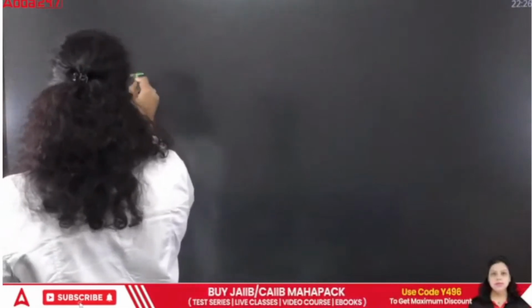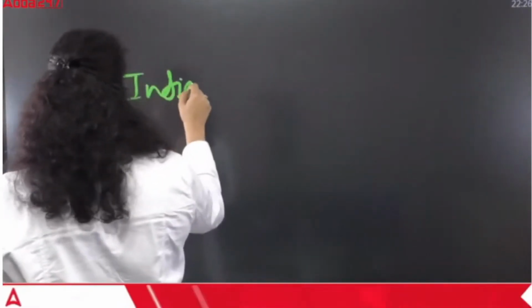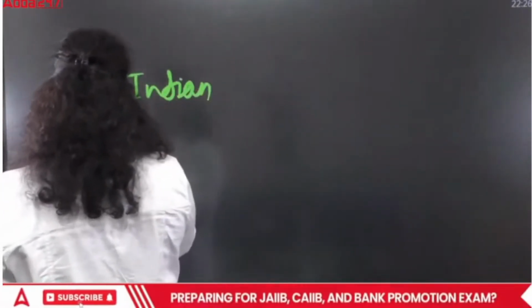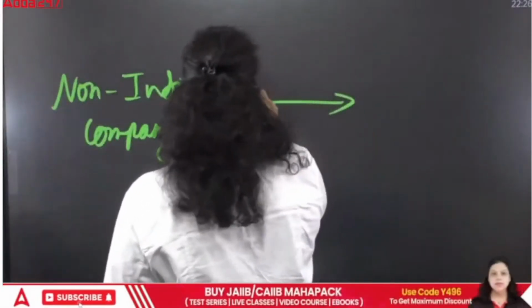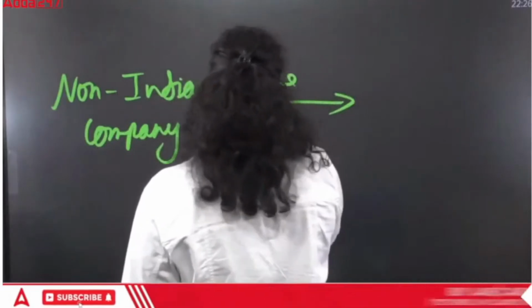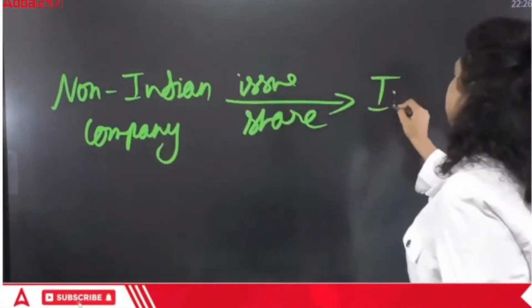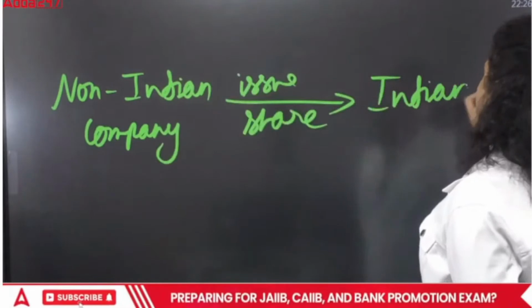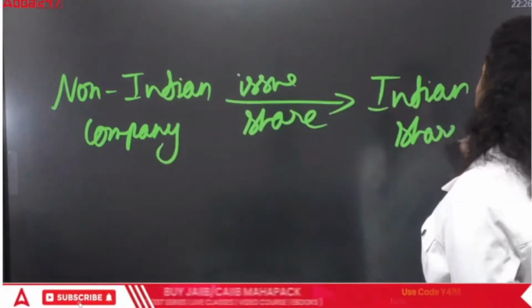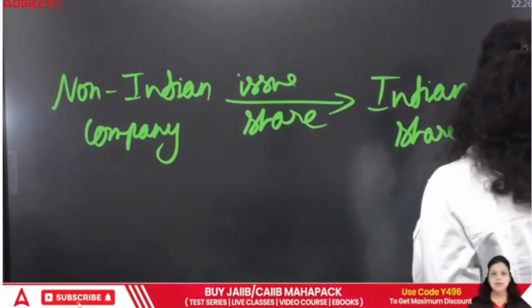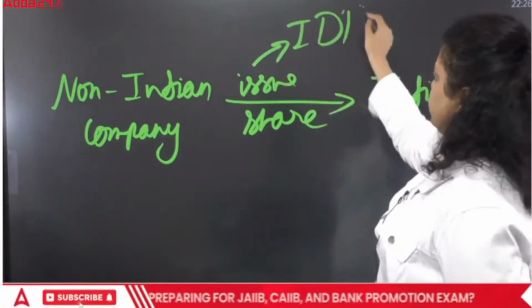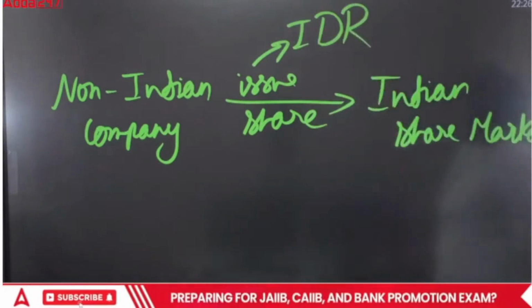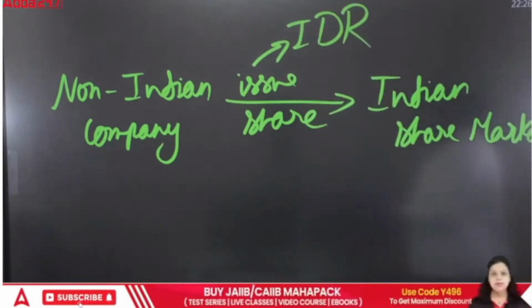Whenever a non-Indian company wants to issue shares in the Indian share market, this non-Indian company will be allowed to issue the IDR. So whenever a non-Indian company wants to raise capital from India, they can issue the IDR in India.